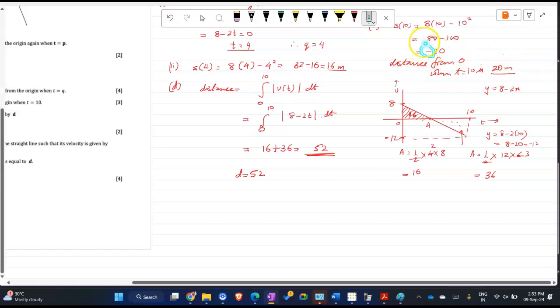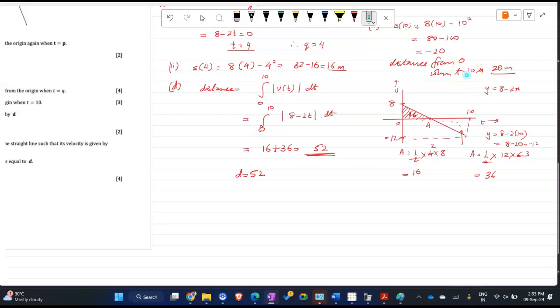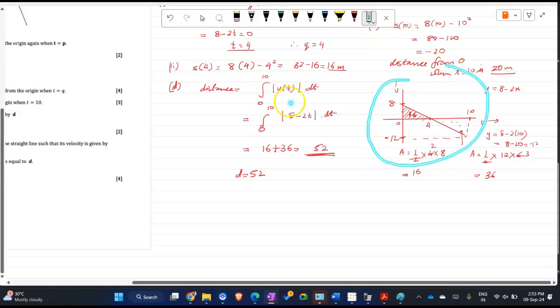So you find the displacement and take the modulus, and that will give you the distance at that time. But if they want the distance traveled over a period of 10 seconds, then you have to do this. This is the distance traveled over a period of 10 seconds; this is the distance from home at 10.